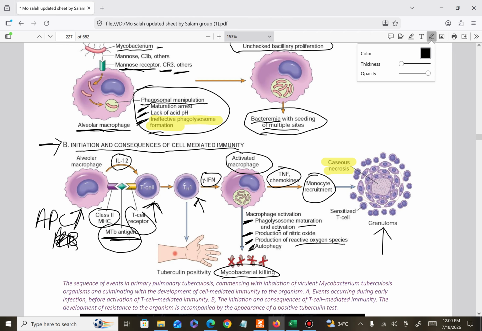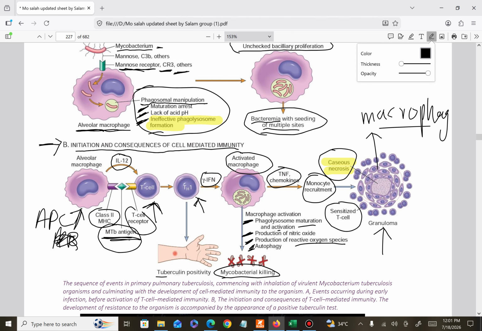In the center, the granuloma has caseous necrosis, and surrounding it there are modified macrophages, specialized macrophages, and surrounding the macrophages there will be sensitized T cells. So that's the granuloma formation, and it is the consequence of cell mediated immunity against Mycobacterium tuberculosis.